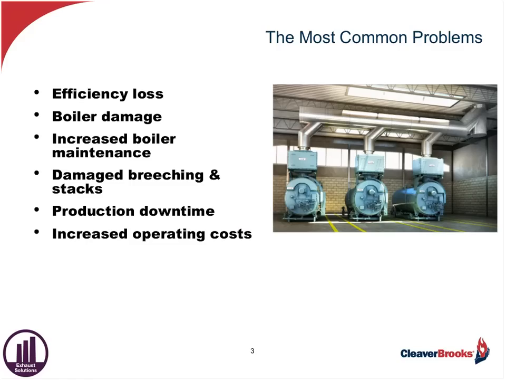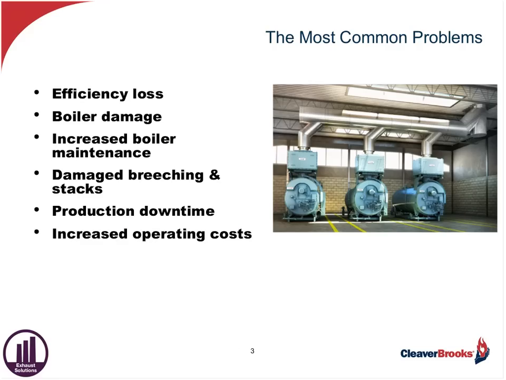So beginning with the problems caused by improper boiler exhaust venting, when we consider improperly engineered new or existing systems which have been changed or added to without considering the increased mass flow and the temperature associated with these changes, we're going to run into problems such as you see here. So these are the common problems: efficiency loss, boiler damage, increased boiler maintenance, and so on.